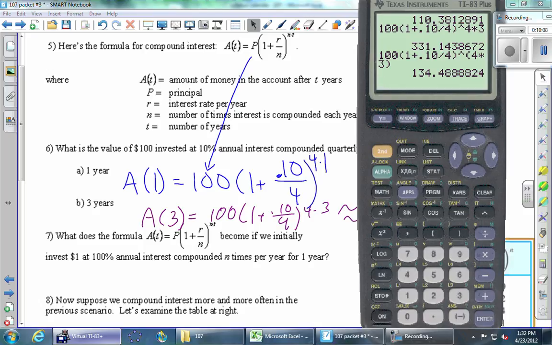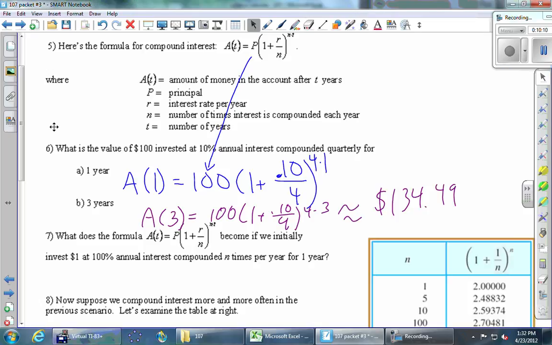How long? All right, if we're answering a how long question, then I feel like we're making some slight changes to this equation. It's still 100, it's still 1 plus 0.10 over 4, it's still a 4, but what goes up there now is times t, to be determined. What goes on the other side of the equals? Is that $200?